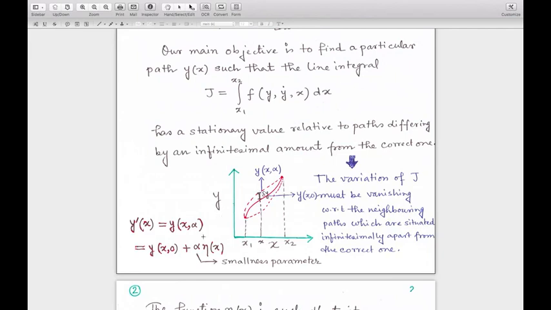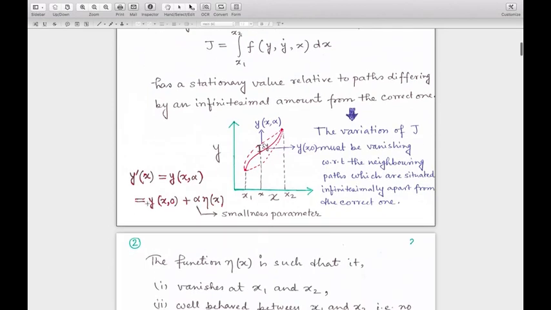You can simply write that departure as alpha times eta of x. Alpha because this is the small parameter, which simply shows that the departure is very small, and eta of x because this distance is also a function of x. For different values of x, you can see different amounts of departure. Okay, so this is the function.